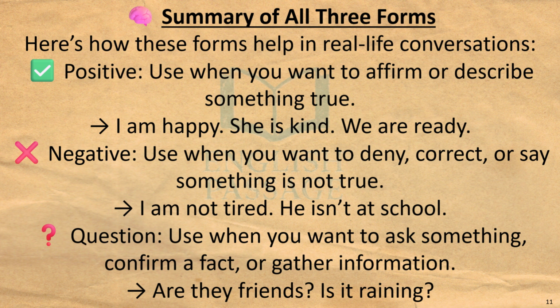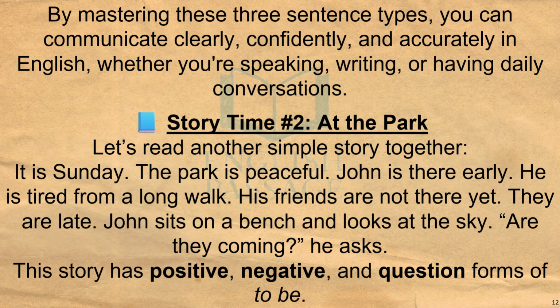He isn't at school. Question: use when you want to ask something, confirm a fact, or gather information. Are they friends? Is it raining? By mastering these three sentence types, you can communicate clearly, confidently, and accurately in English, whether you're speaking, writing, or having daily conversations.